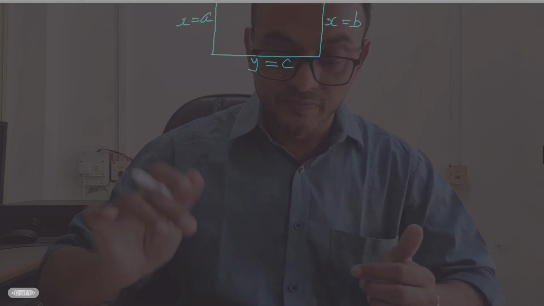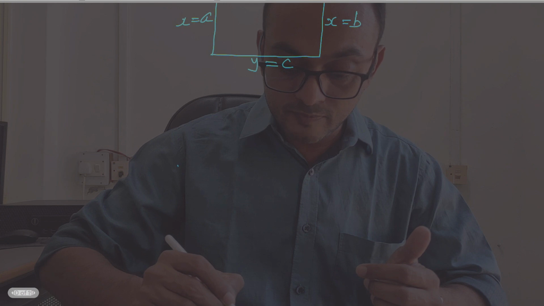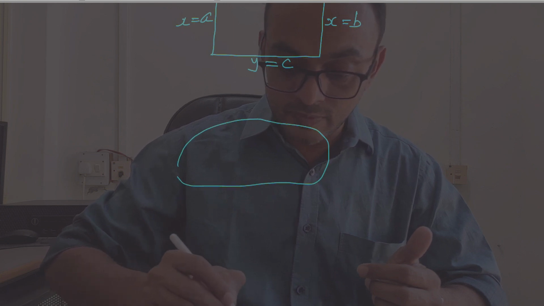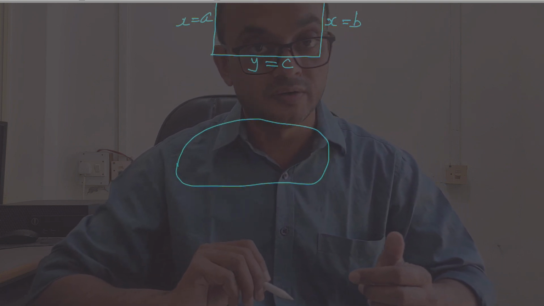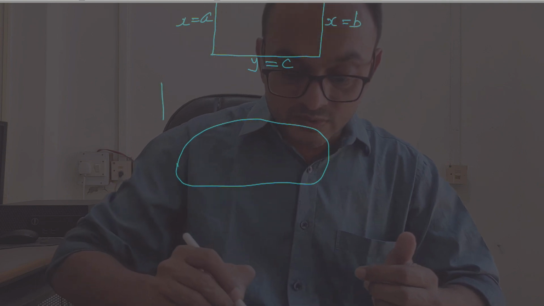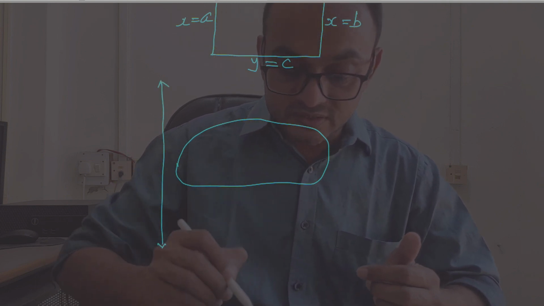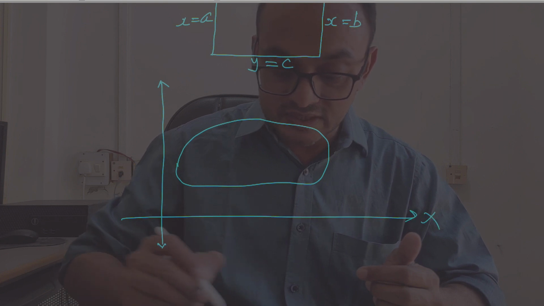For example, say this is the region we have given, right, over xy plane. So this is y-axis, this is x-axis.